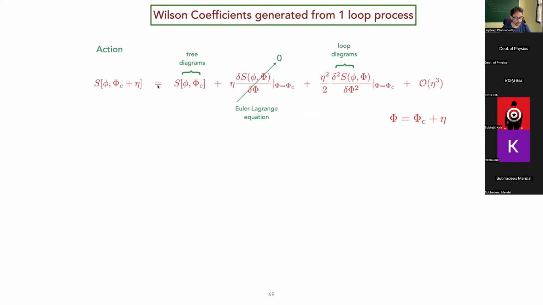As you know, we have this action, which is written down for the UV theory, and is a functional of the light field and the heavy field. Now we treat the heavy field as my background. To include the quantum corrections, we have to consider the quantum fluctuations corresponding to this background field, corresponding to the heavy propagator.